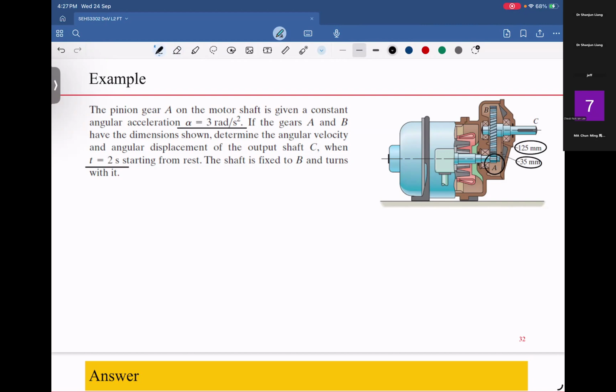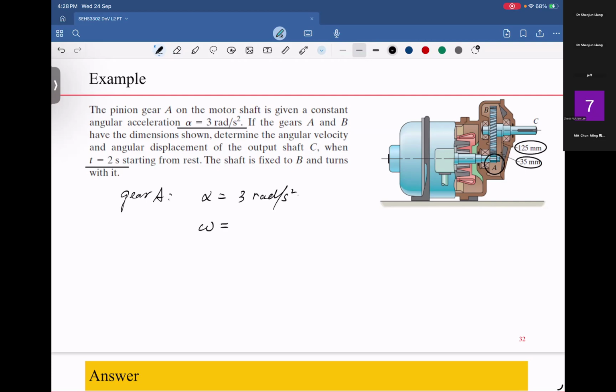Okay, so we can just find A first and then do the ratio, right? It's quite easy. So for gear A, alpha is 3 radians per second squared, what we already know.